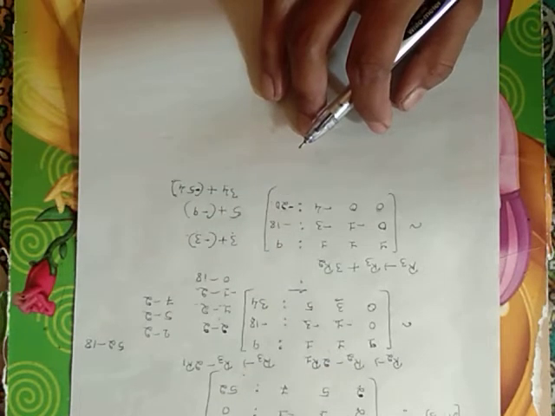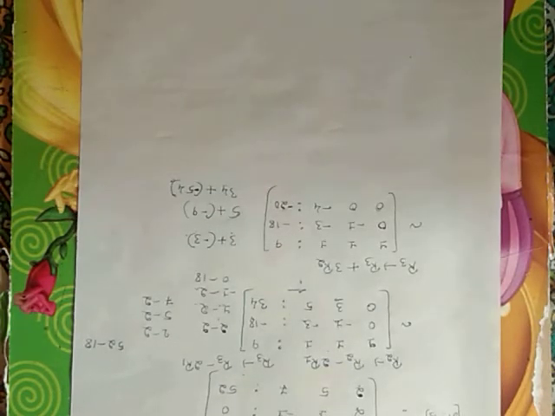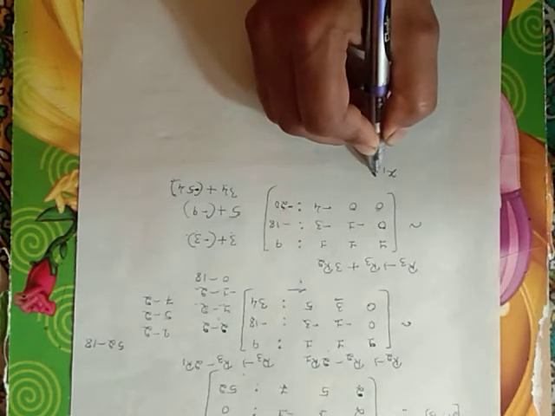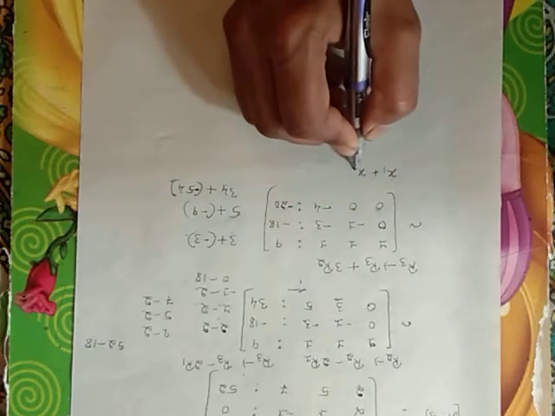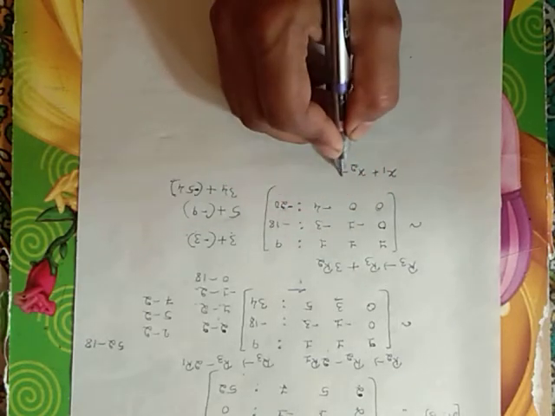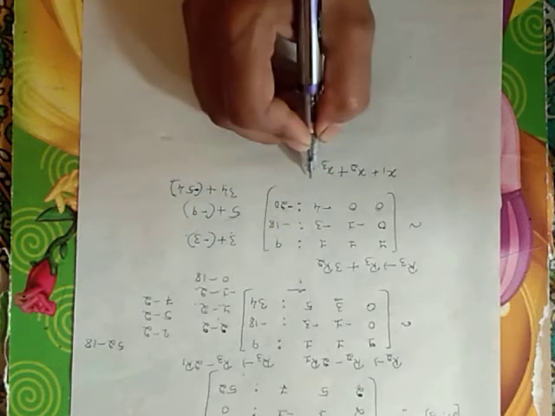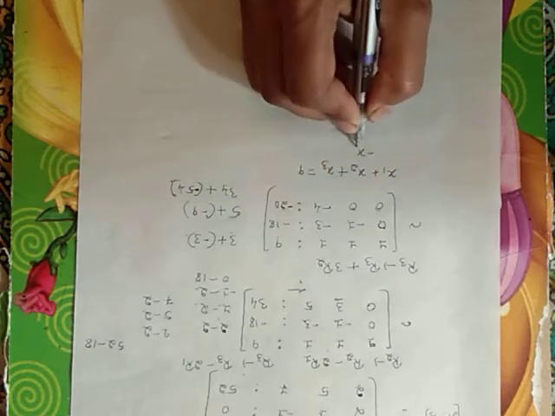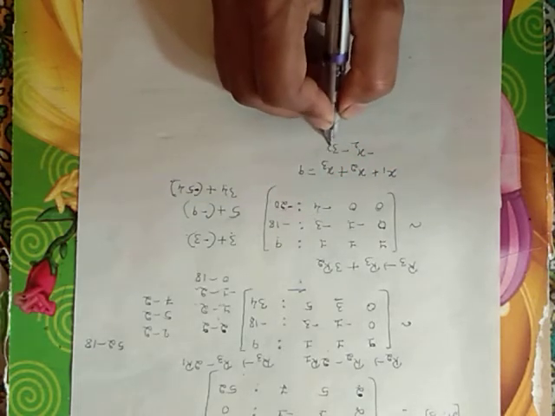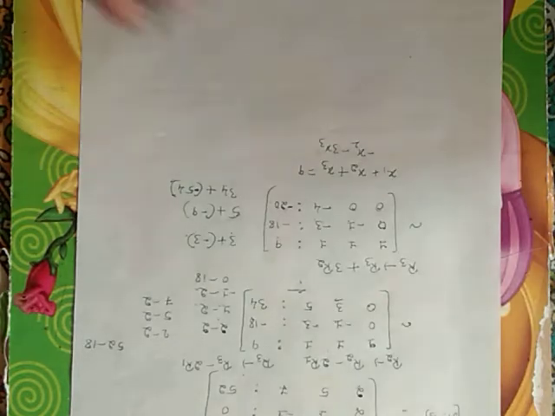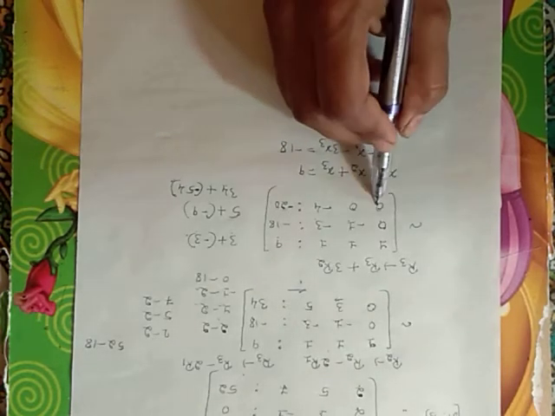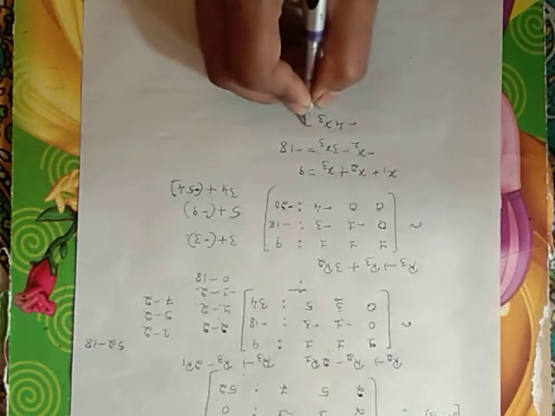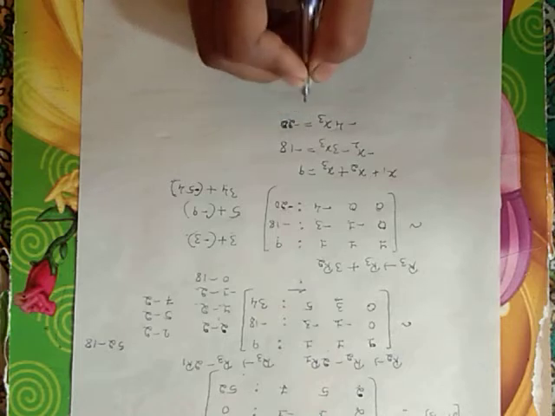Now we have to write down the system of equations here. To write the system of equations, 1 into x1 is x1, plus 1 into x2 is x2, plus 1 into x3 is x3, equal to 9. 0 into x1, 0, minus 1 into x2, minus x2, minus 3 into x3, minus 3x3, equal to minus 18. 0 into x1, 0, 0 into x2, 0, minus 4 into x3 equal to minus 20.